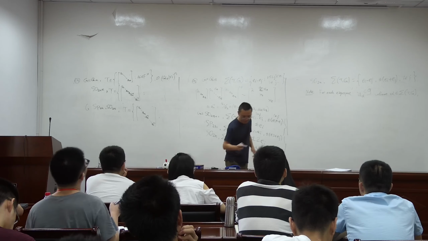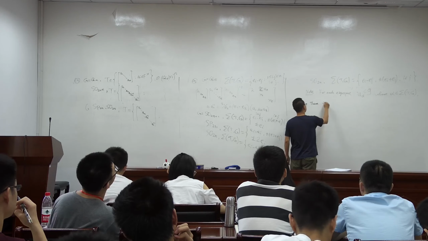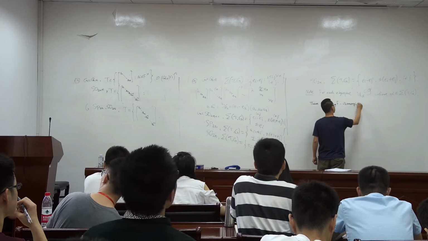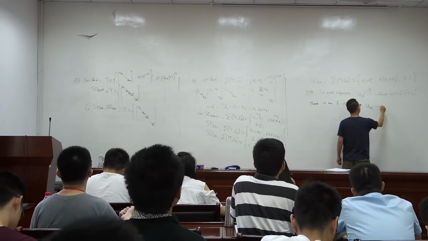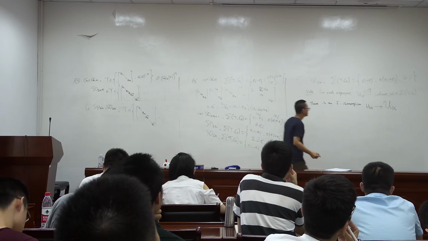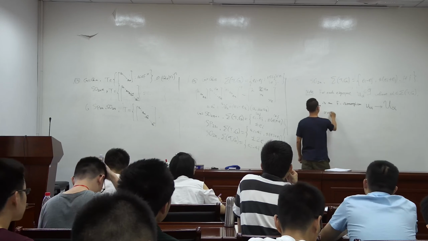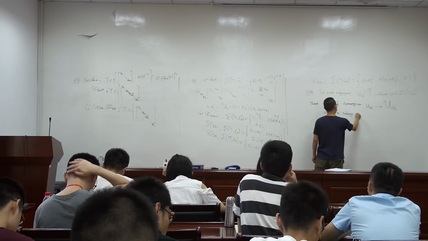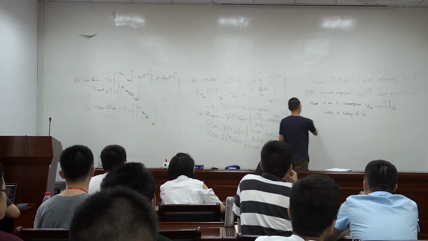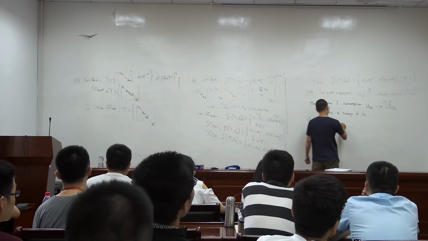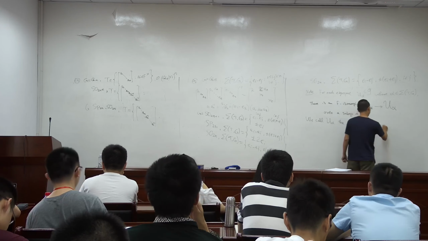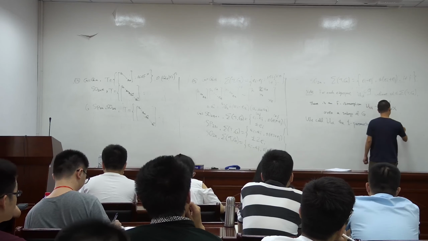For each eigenspace, there's an isomorphism over F, from a certain subgroup in G, I'll denote it by capital U alpha, onto a subgroup of G. And we call this U alpha the one parameter subgroup of G associated to alpha.